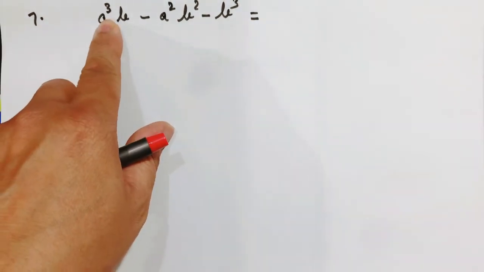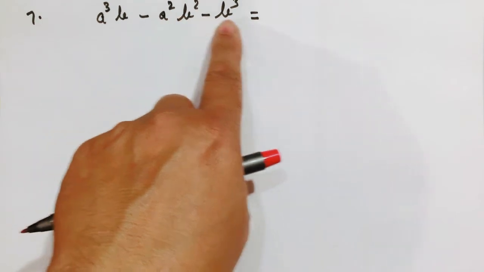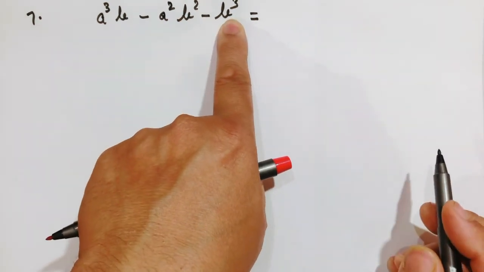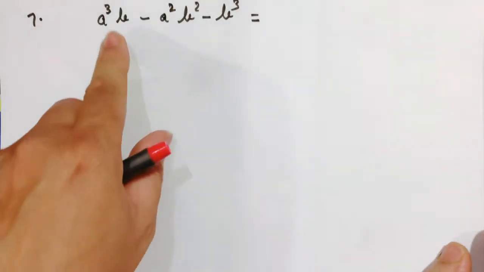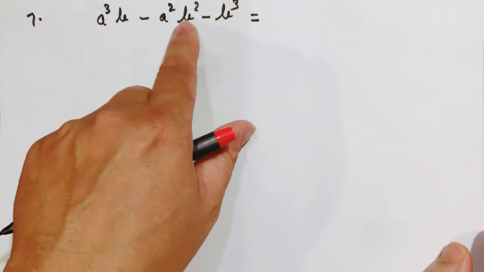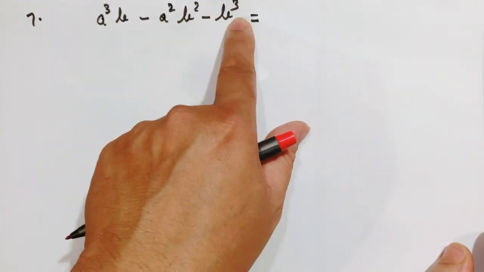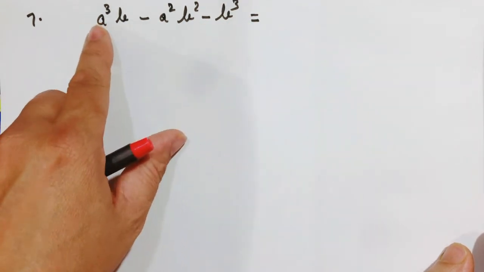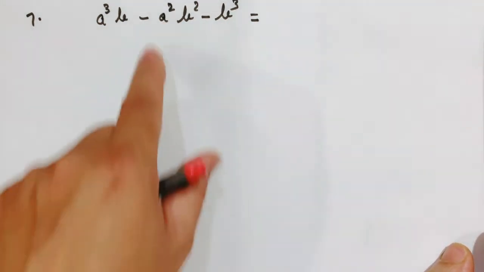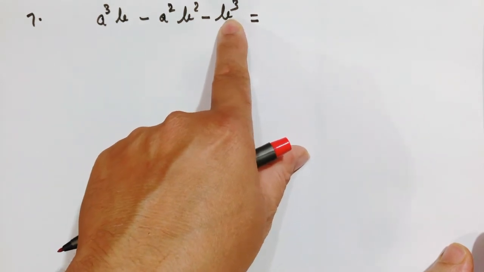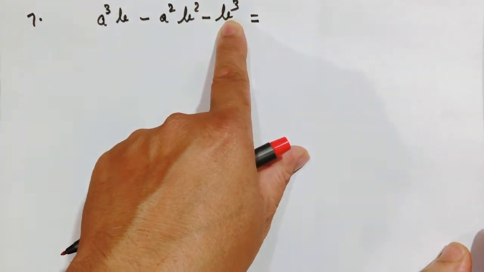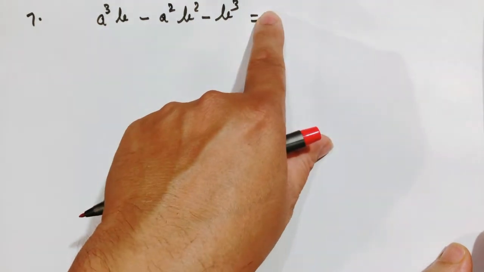In a cube b, a square b square and b cube, what do you observe? You observe that you can find the HCF as only b, because b is present in all 3 terms. You cannot take the HCF as a square, because in the last term a is not there. So we find the HCF only when it is present in all of the terms.